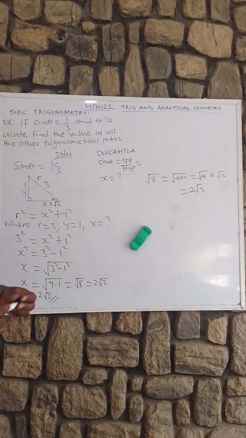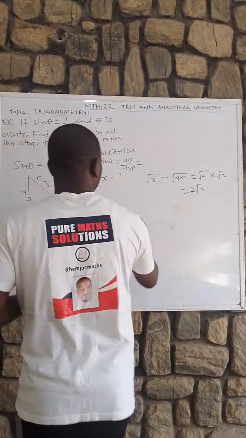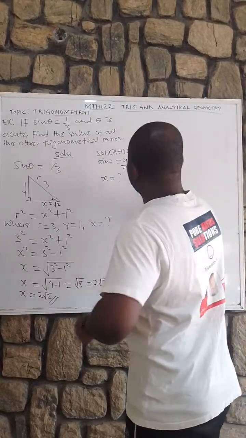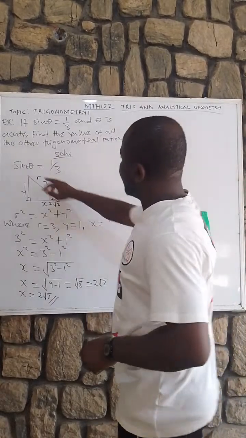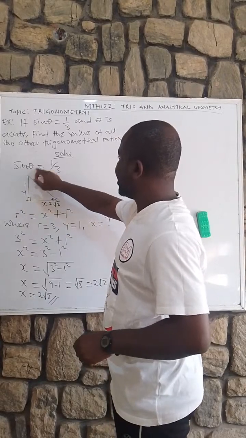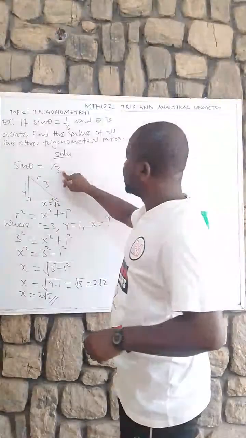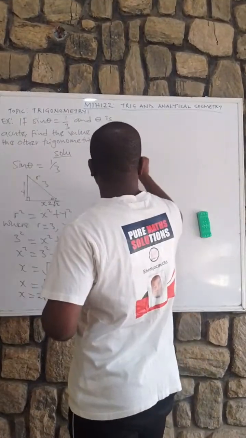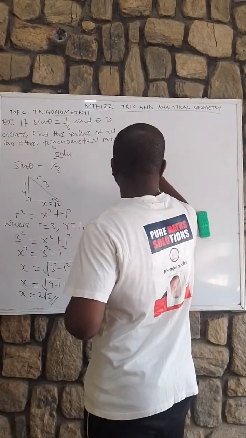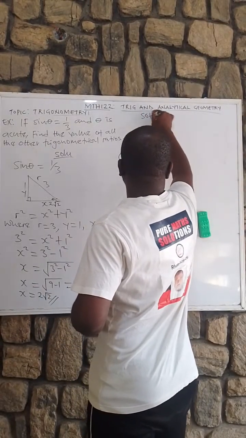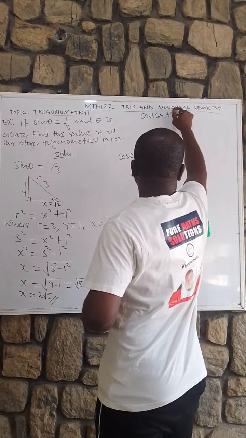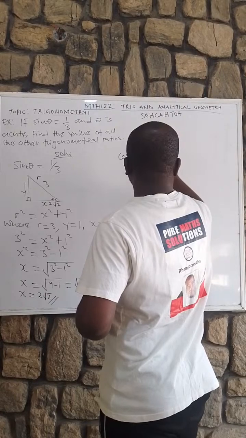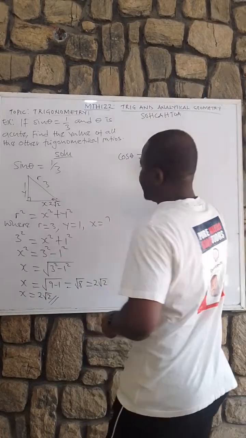So now let us proceed to consider. Already your sin theta is given as 1 all over 3. Then let's consider cos theta, because all the trigonometrical ratios, which is SOHCAHTOA, is very important. Adjacent all over hypotenuse, right? So what is your adjacent?